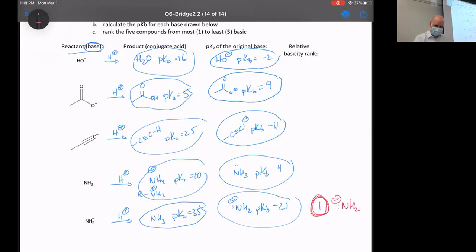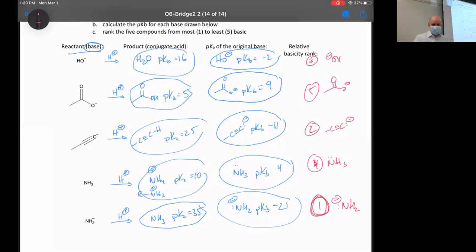Next would be number 2, your negative 11 here. That is that C triple bond C minus. And then your negative 2 of hydroxide would be your 3rd on this list. And then after that, you would have your neutral nitrogen. And then your negatively charged oxygen. Oops, I put a wrong number, that would be 4.